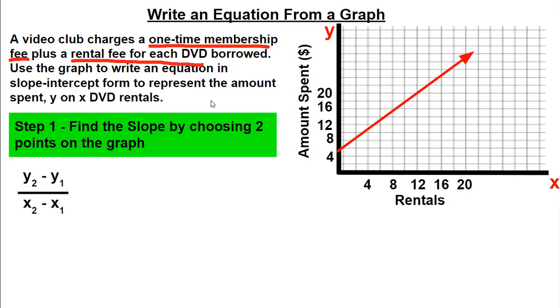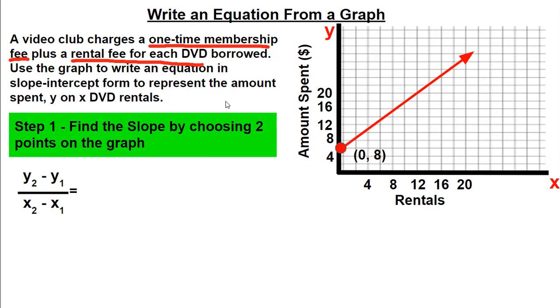So we're going to use our slope formula to find the slope. y2 minus y1 over x2 minus x1 should be very familiar to you right now. Find your 2 points. Where are my 2 points? There they are. There's my first point. That's the y-intercept. That's a nice easy point to pick, isn't it?